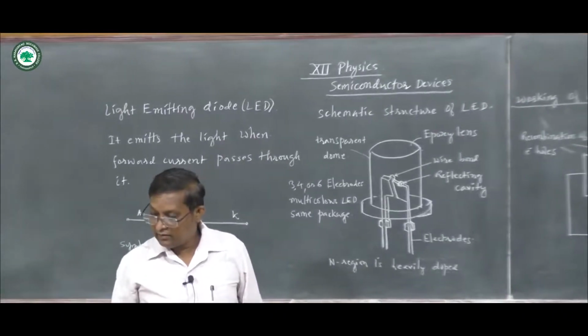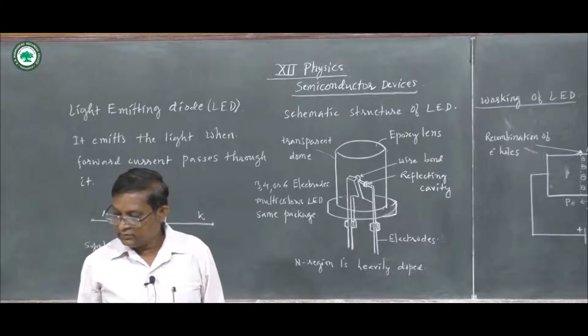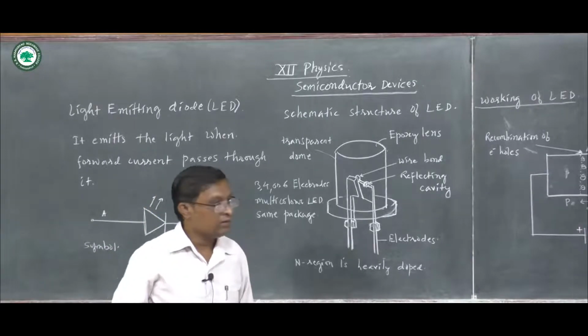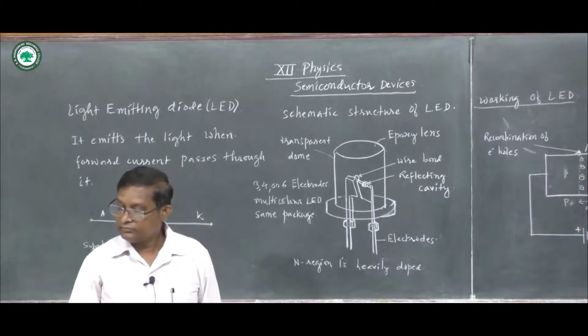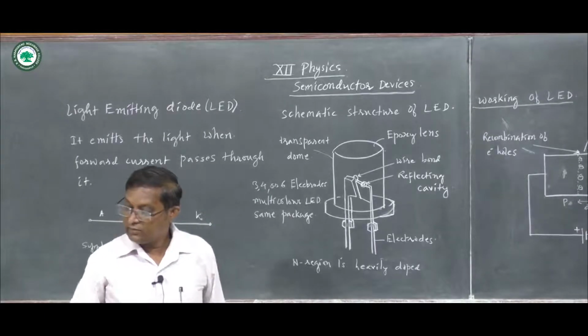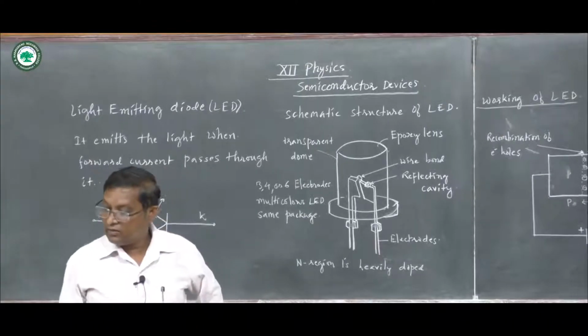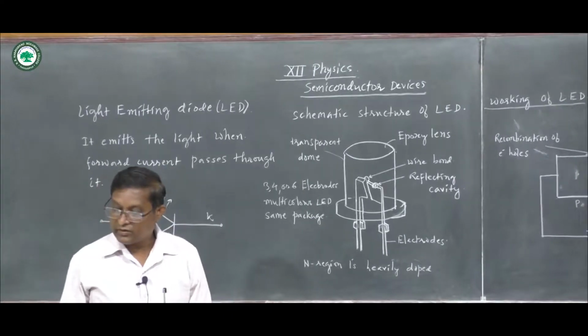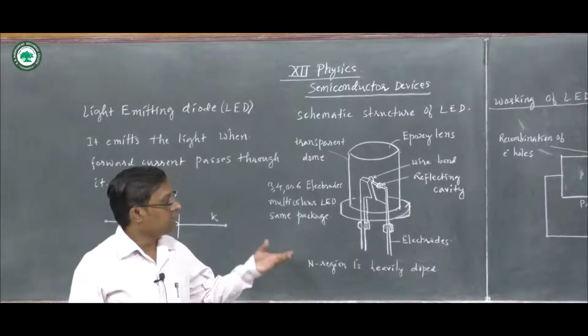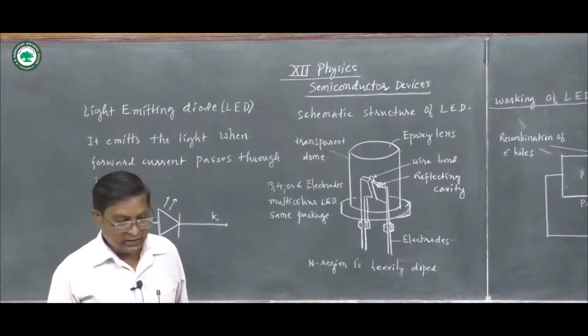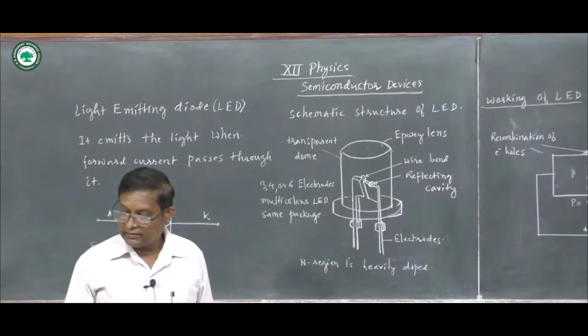Because of the thin layer of the junction, the photons leave the junction and it emits colored light.